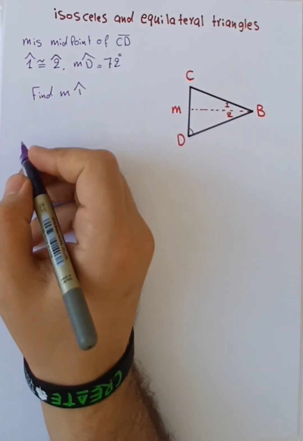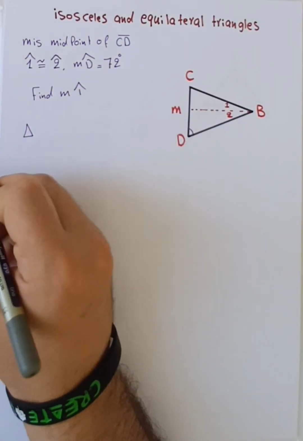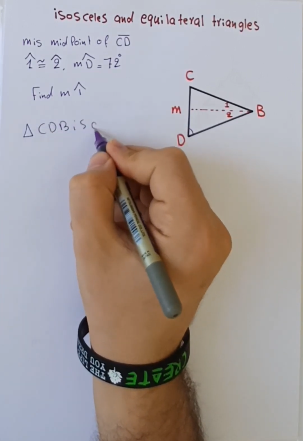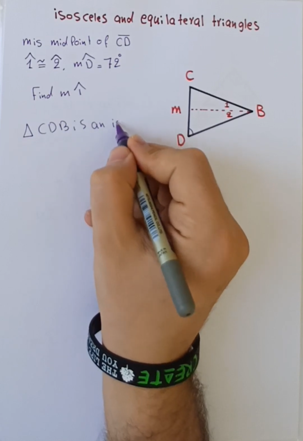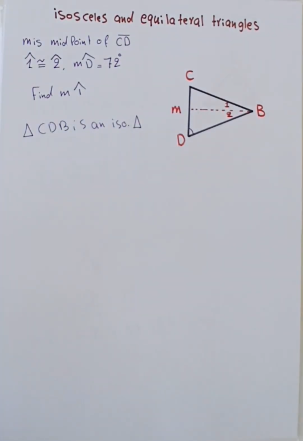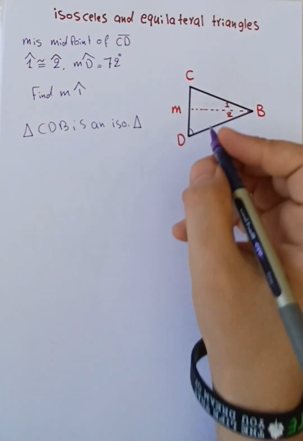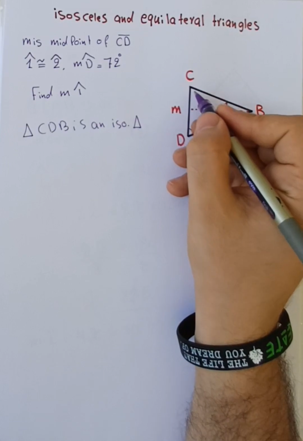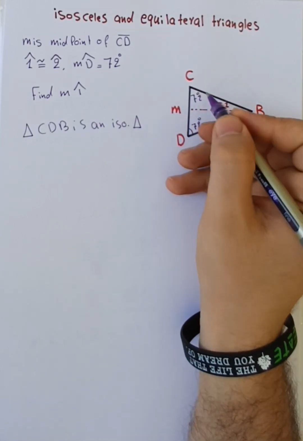So we can say the triangle CDB is an isosceles triangle. So the base angles are congruent. The measure of angle D is 72 degrees, so the measure of angle C is 72.